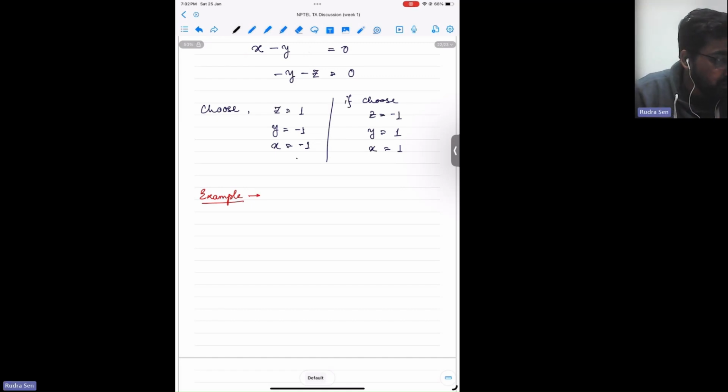The system of equations is 2x plus 5y plus z equals 0, 4x plus dy plus z equals 2, and y minus z equals 3.